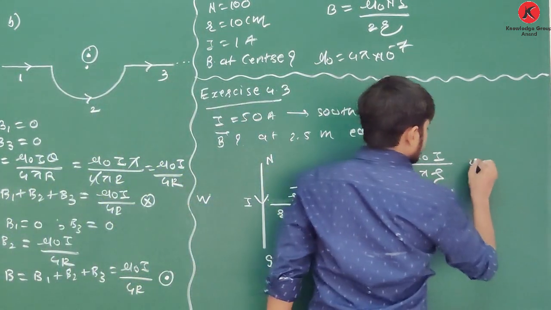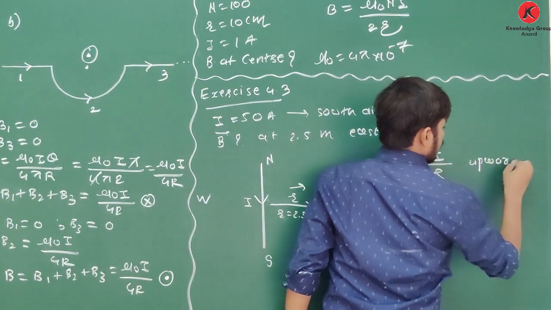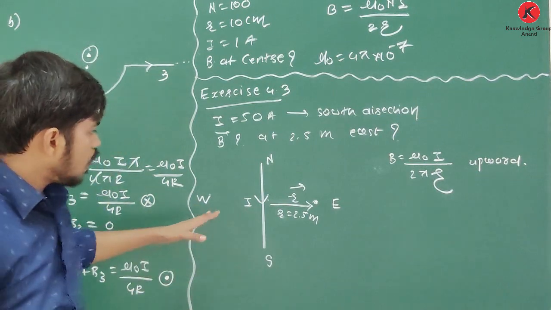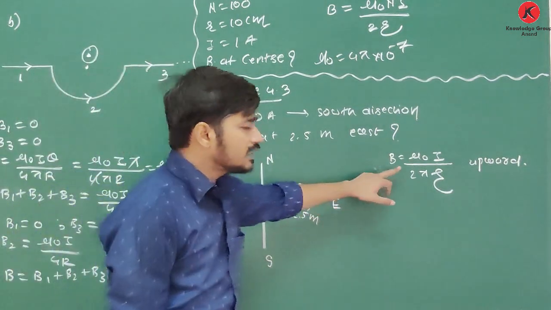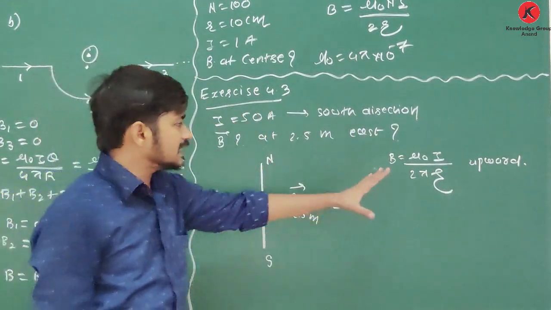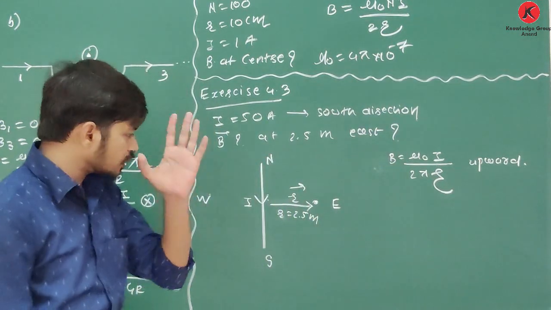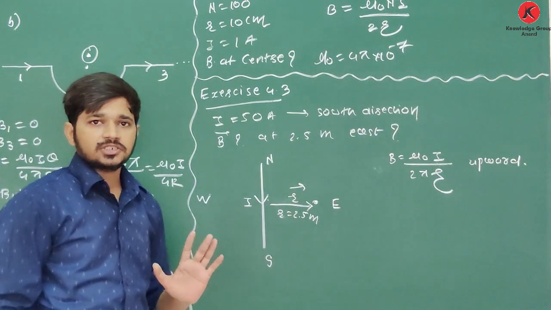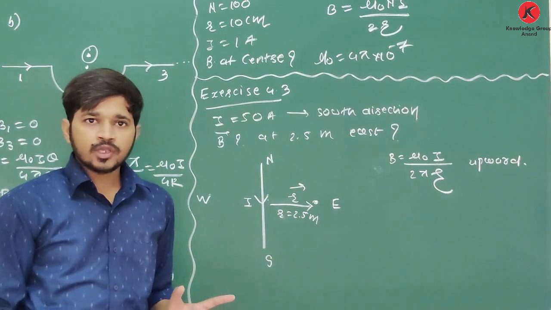Clear about this? So again, it is one question based on magnitude. To find magnitude in this chapter is easy; you just have to remember the equations. Important is direction. How to find direction? Clear?